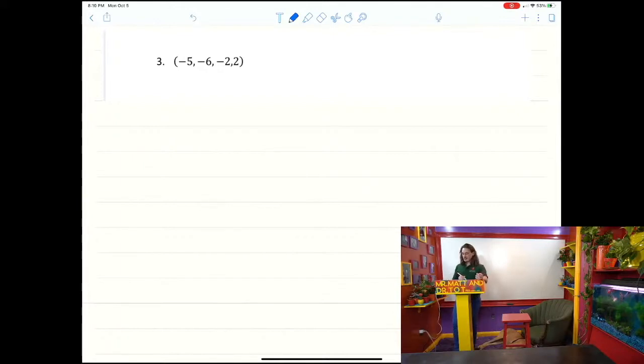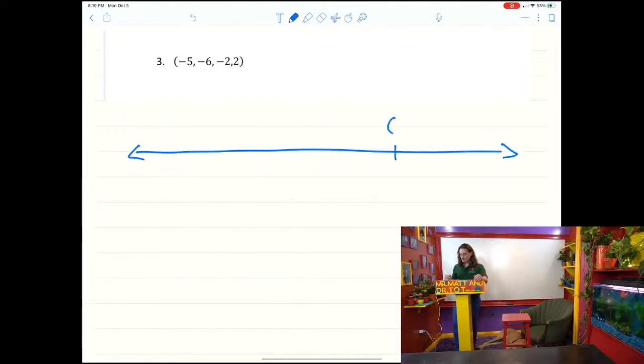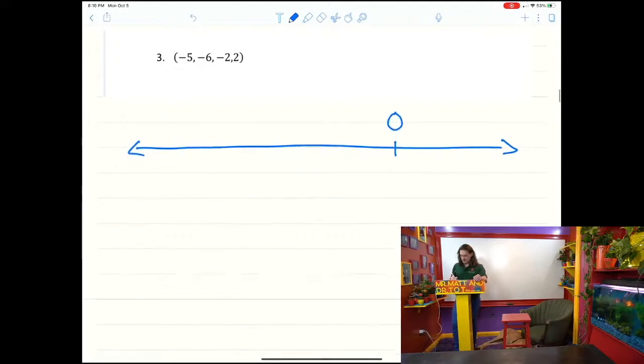Then the next larger number in our set is negative 2 because it's the least negative number out of all the other values. Then we'd have negative 5, and then we'd have negative 6. So in ascending order from least to greatest, we would have negative 6, negative 5, negative 2, positive 2. If you have any questions, please let me know.